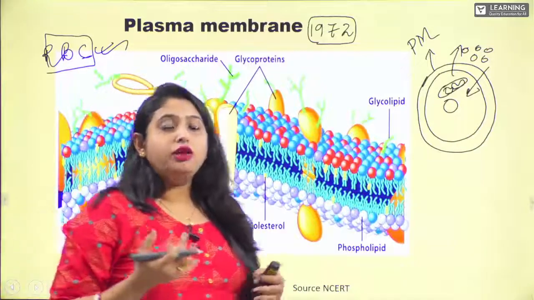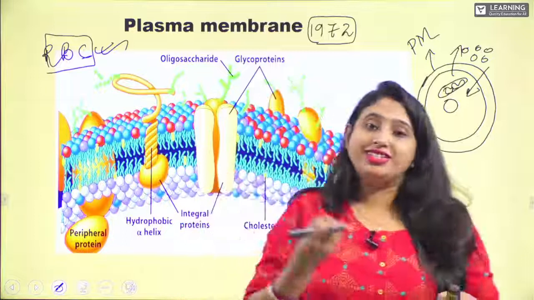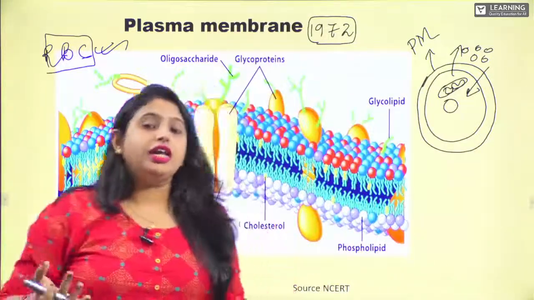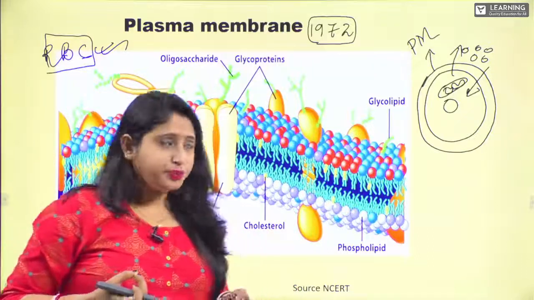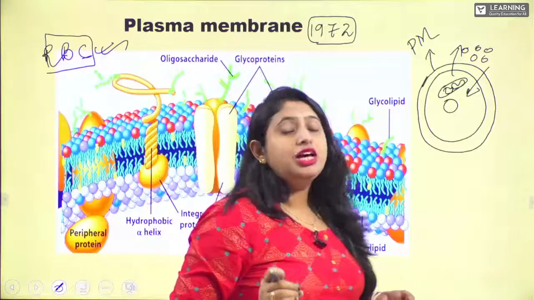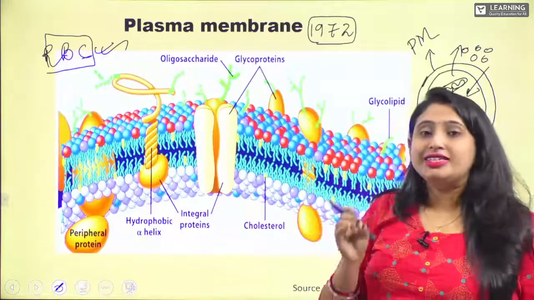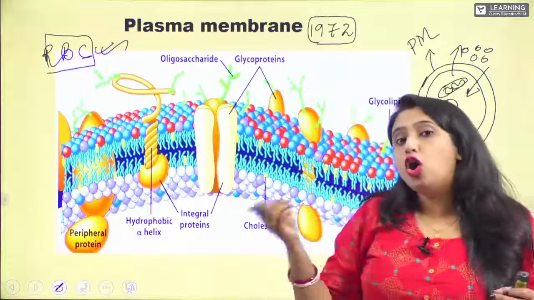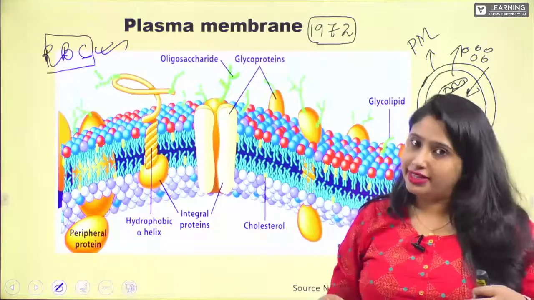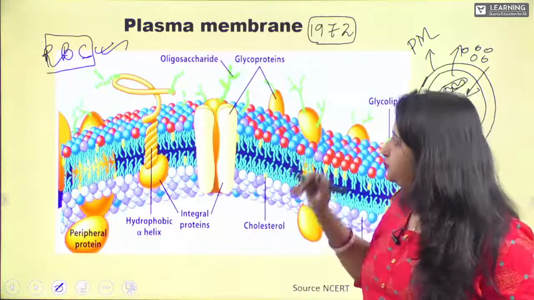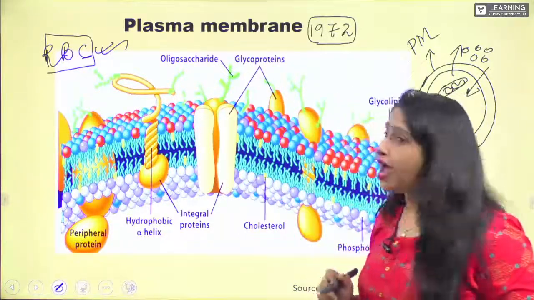Water molecules can move inside and outside the cell, and organic and inorganic molecules can communicate with the cell. So the plasma membrane is selectively permeable. That is, it does not allow all molecules to pass inside the cell. See here in this picture, it consists of glycoproteins.